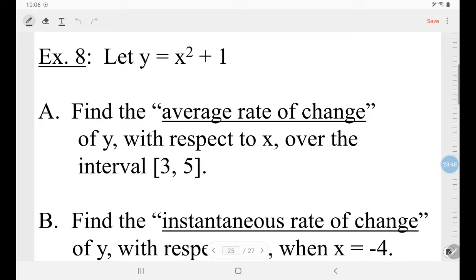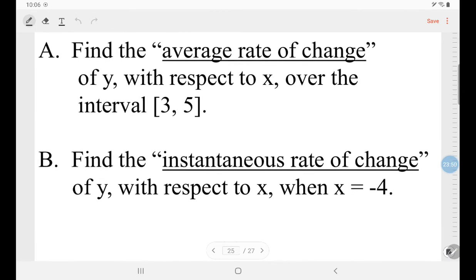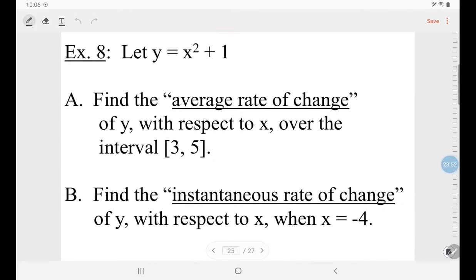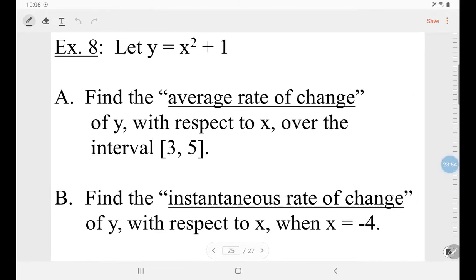Okay, let's talk about a couple of things here. I'm going to talk about average rate of change, which is the slope of your secant line, which is y2 minus y1 over x2 minus x1. So when you're doing all those slopes in Algebra 1, you're doing a slope of a secant line.